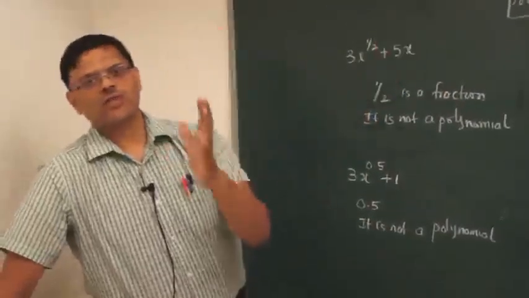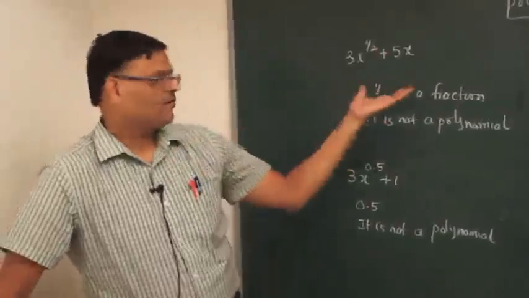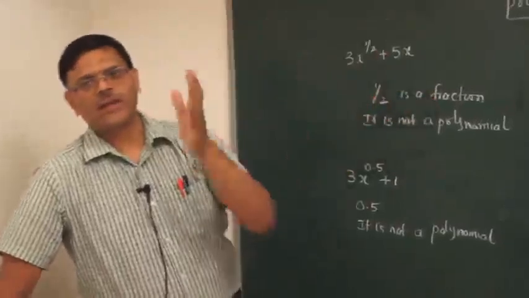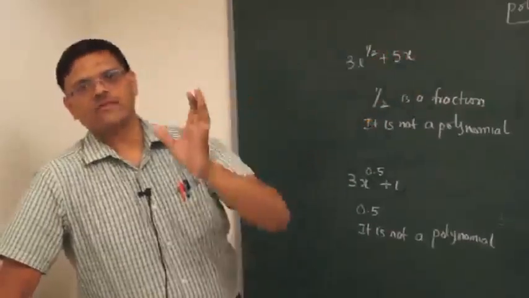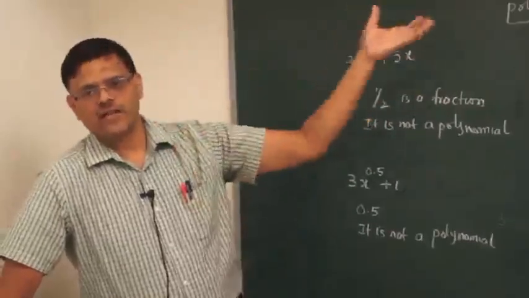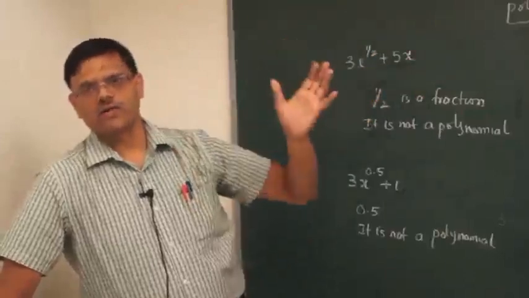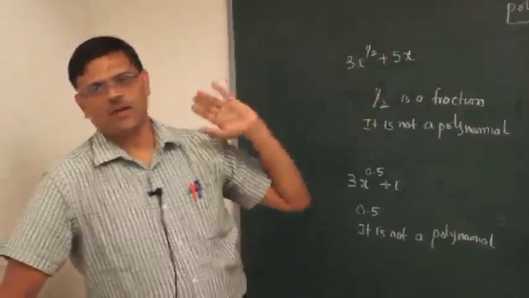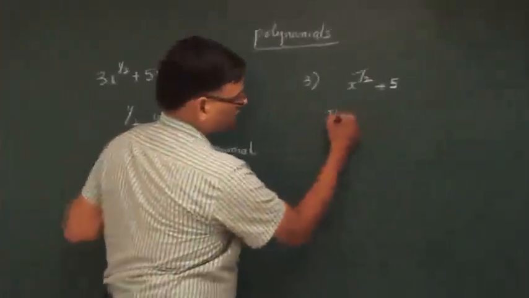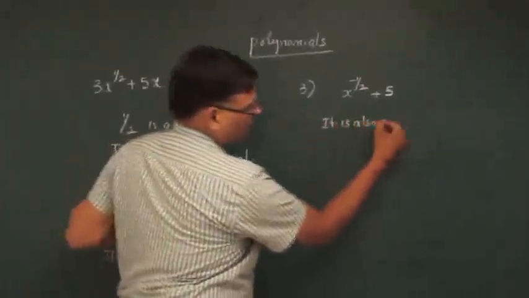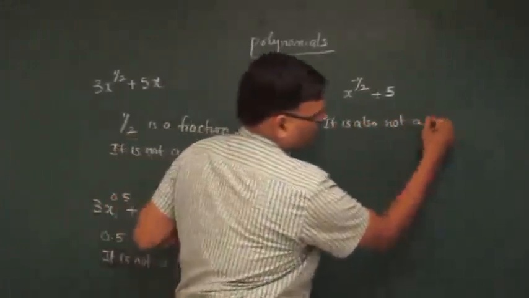All of you know that 1 by 2 is a fraction, but minus 1 by 2 is a negative fraction. If the exponents consist of negative fractions or negative numbers, it is not a polynomial. Therefore, it is also not a polynomial.